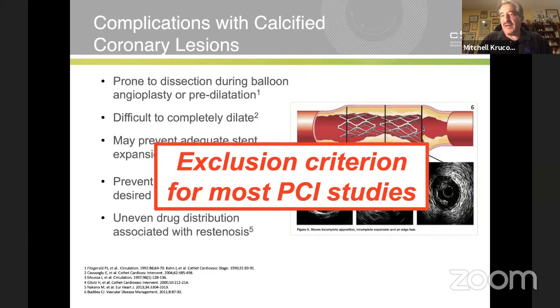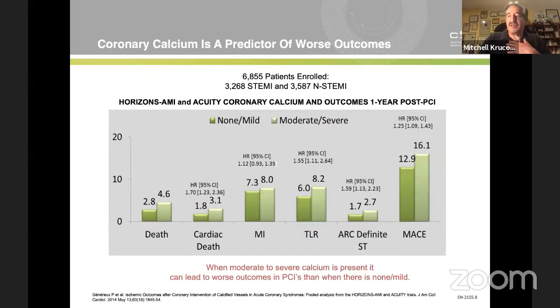Furthermore, we have to recognize that in virtually every randomized ACS PCI study, pivotal DES PCI study, patients with severe calcification are excluded. So we have very little clinical evidence actually on how these patients happen to behave.